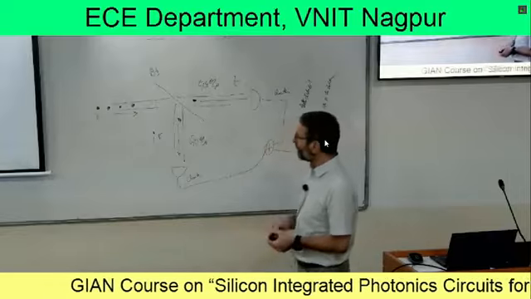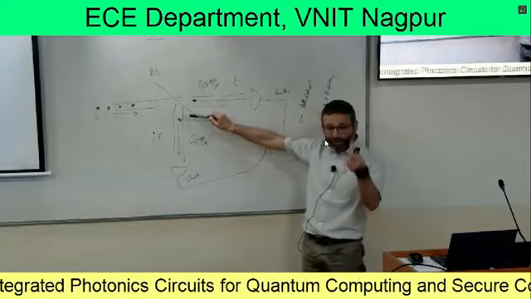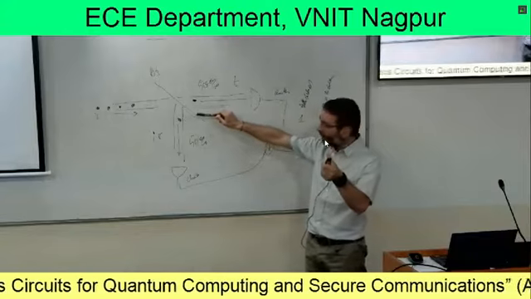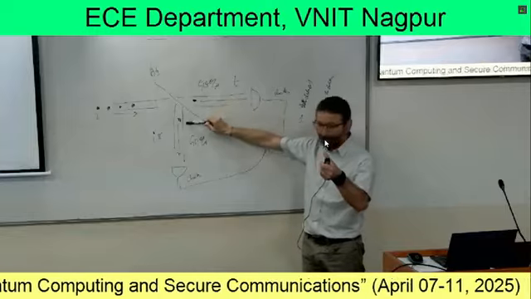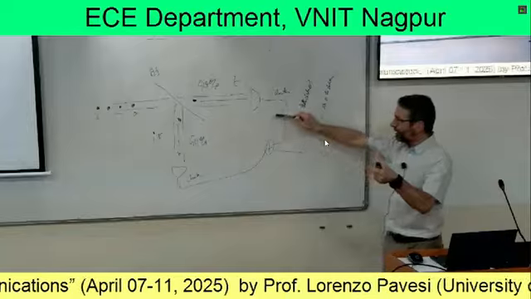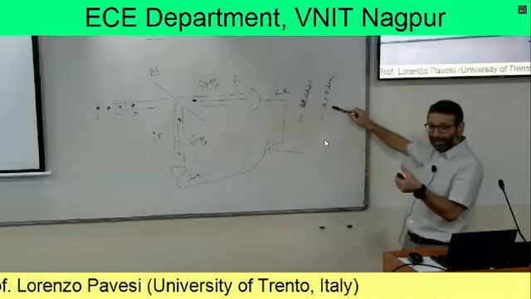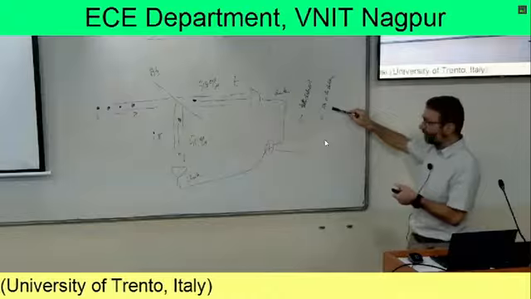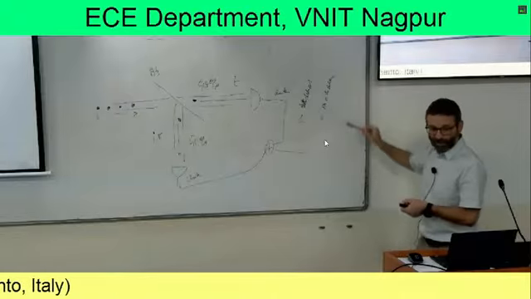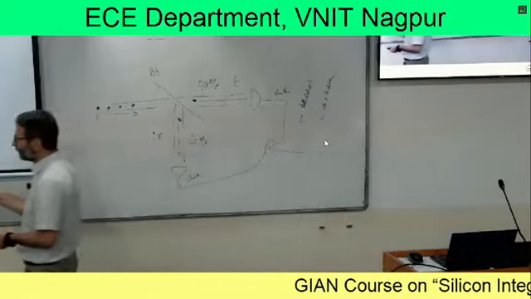Because you have only one photon, the photon can go there or here. And so this detector can click, or the other detector can click. And therefore, the correlation between the clicks of the 2 detectors is equal to 0. Okay? And so this is a property that is characteristic of single photons.